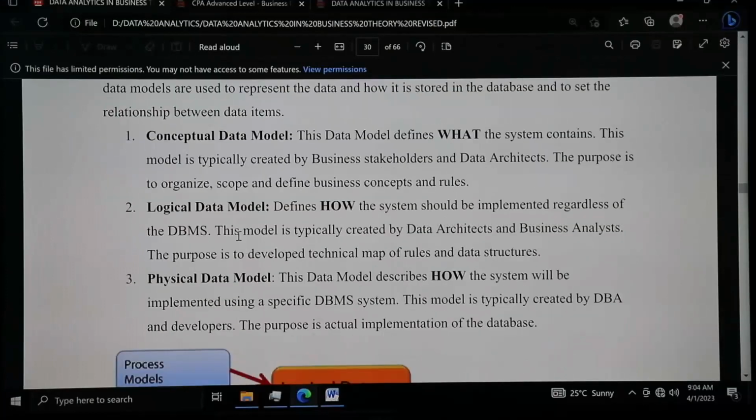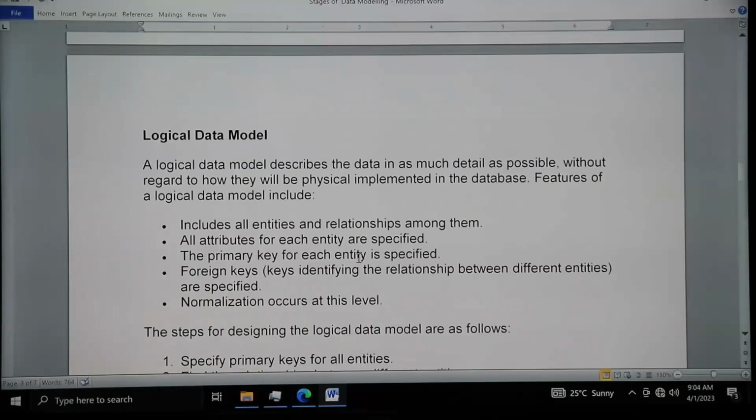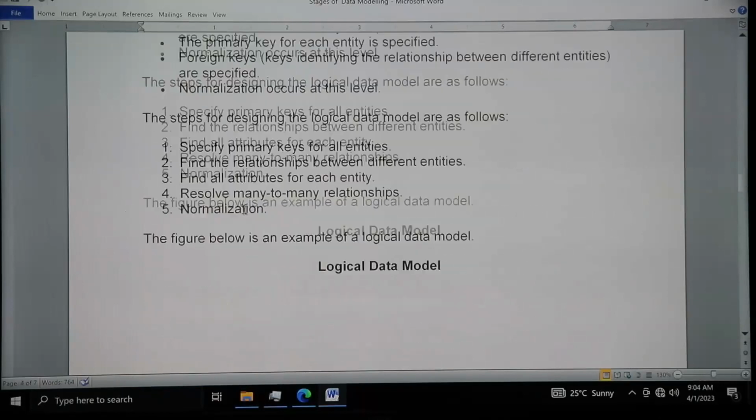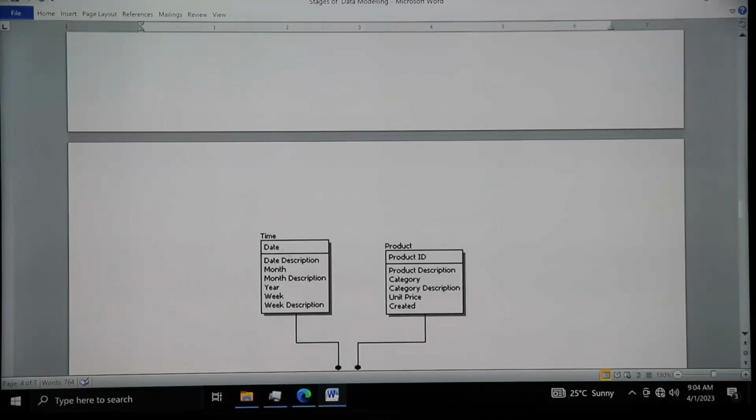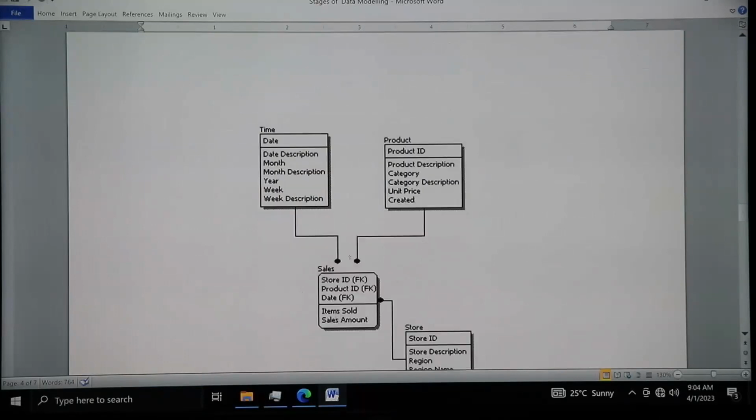Then the logical data model defines how the system should be implemented, regardless of the database management system to use. And here it expands this by adding more details to the conceptual model, including the attributes of every entity. Once you do this, you understand your database from a clearer perspective.